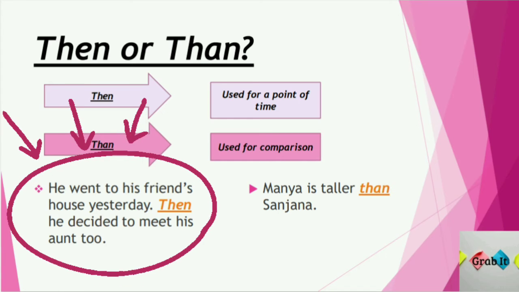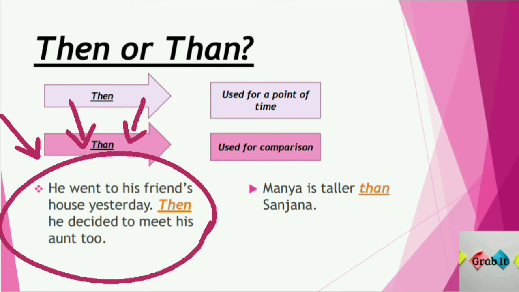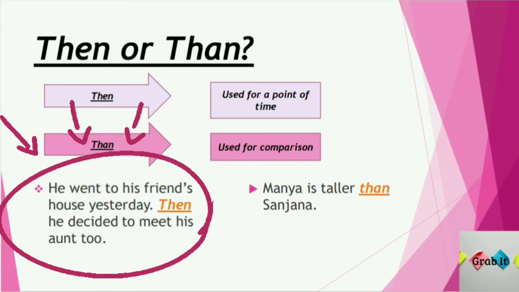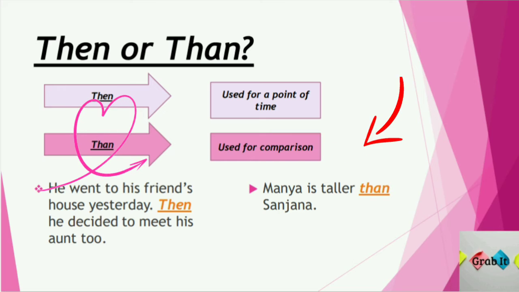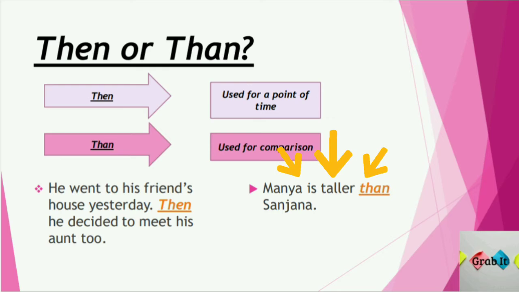So then here is referring to a point of time when this person decided to meet his aunt, while than is used for comparison of two things. For example, Manya is taller than Sanjana. Here, I am actually making a comparison between two girls, between Manya and Sanjana, right? So for comparison, we use than, and for any reference to a point of time, we will use then.